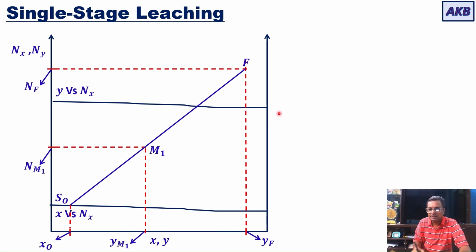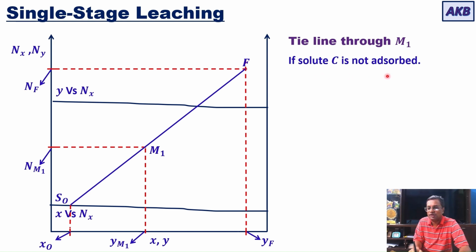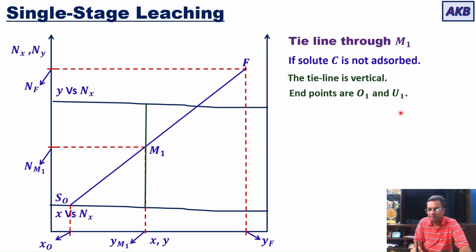Now let us learn how to draw the desired tie line through M1 if solute C is not adsorbed. If solute C is not adsorbed, then X will be equal to Y, and in that case the tie line will be vertical. So you just have to draw a vertical tie line, and the endpoints are again O1 on the lower curve and U1 on the upper curve.